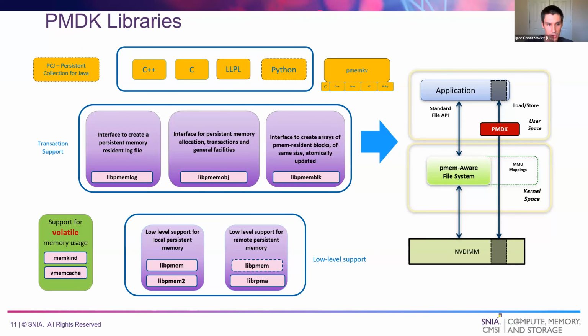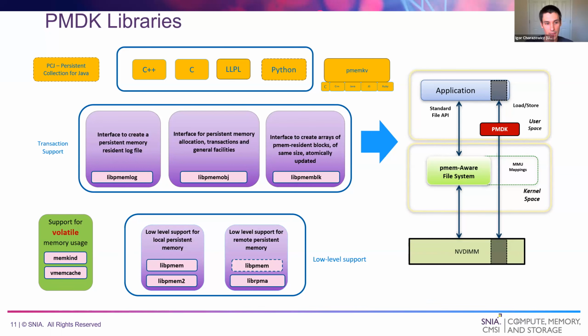This slide presents you with a list of those libraries. It's not a full list. It just shows you what different types of use cases PMDK covers. So on the bottom here, you can see low-level support for persistent memory. We have libraries like libpmem or libpmem2.